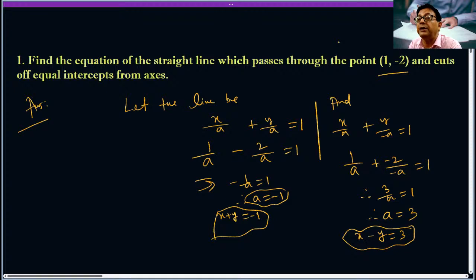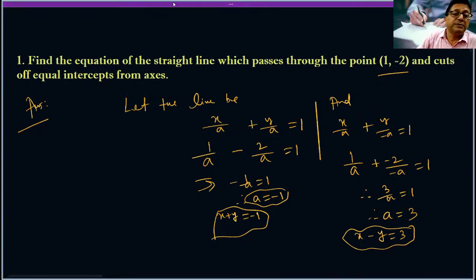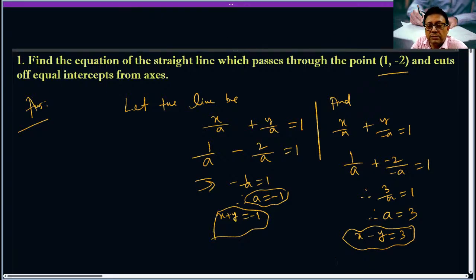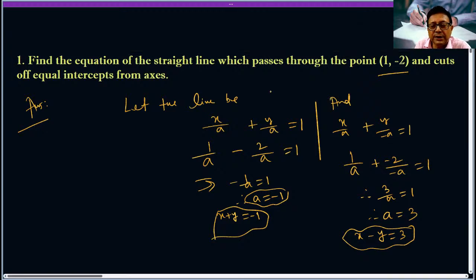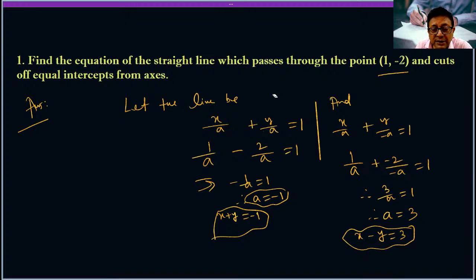See, it is changed fully. It will pass through this point, and in both cases cut equal intercepts. Just a minute, we are putting the value of a over there. a is minus 1, so x by minus 1 plus y by minus 1 equal to 1.